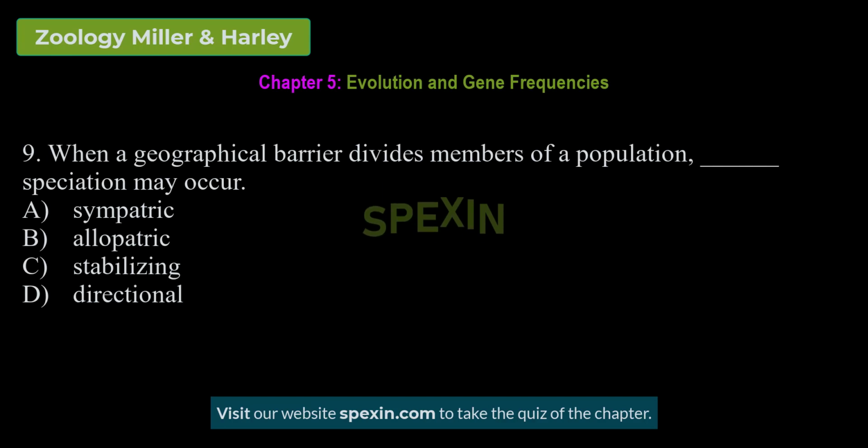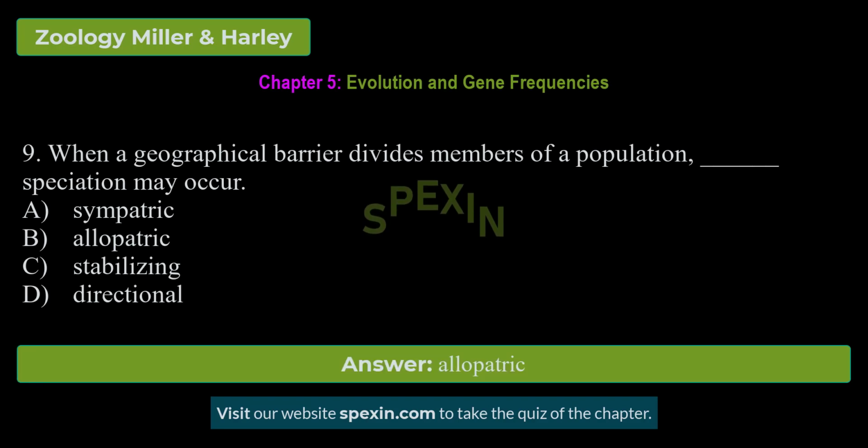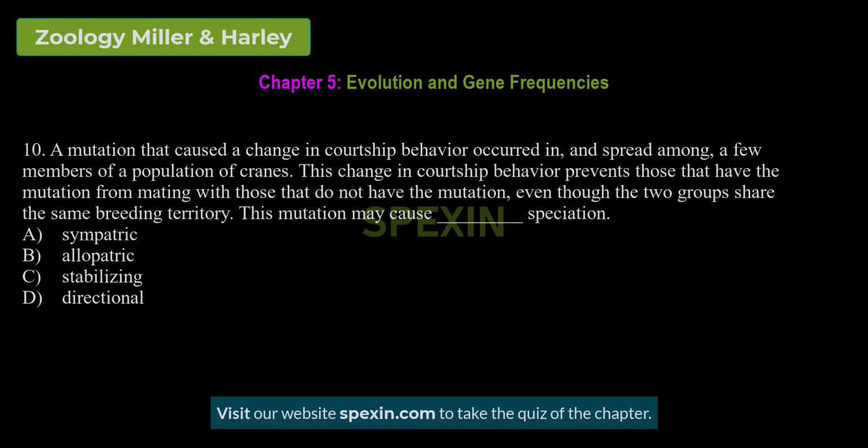When a geographical barrier divides members of a population, dash speciation may occur. Sympatric, allopatric, stabilizing, directional. Correct answer: allopatric. A mutation that caused a change in courtship behavior occurred in, and spread among, a few members of a population of cranes.